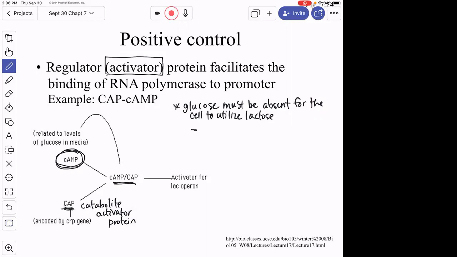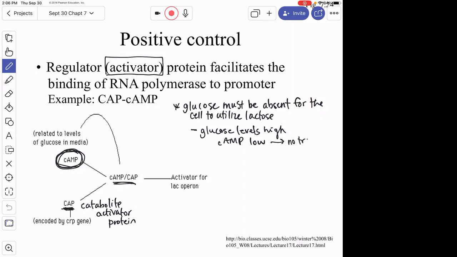So if glucose levels are high, then cyclic AMP is low. You don't have much of that cyclic AMP, so it's not going to bind to the CAP protein, and you're not going to get transcription.